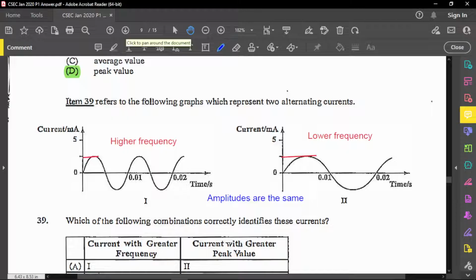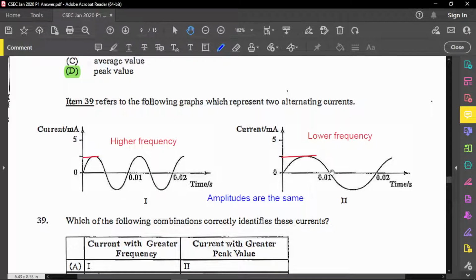Now in terms of frequency, graph 1 has a higher frequency. The reason is the amount of complete waves produced within a certain time. For example, look at 0.01 second: we have a complete cycle of a wave, so that's one wave produced right there.